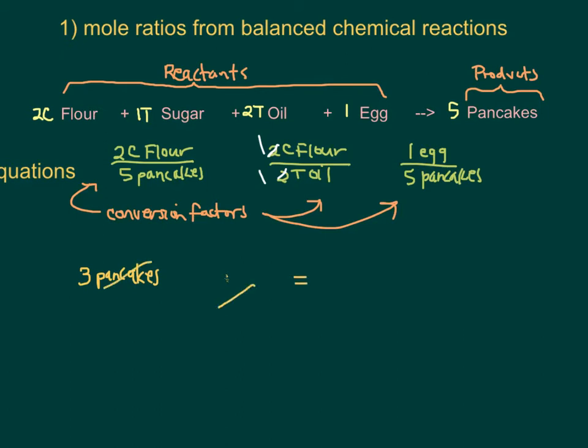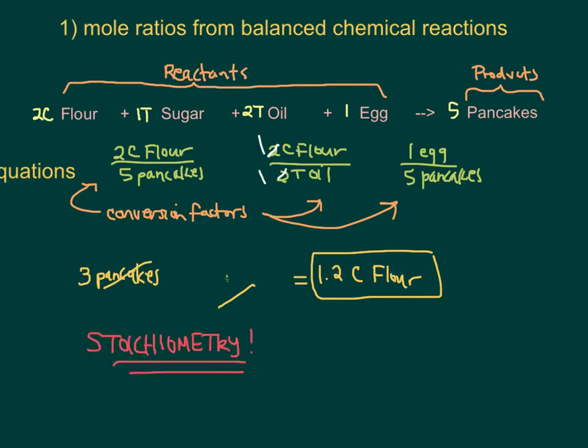You would be left with flour. You would be left with 1.2 cups of flour. If I only want to make 3 pancakes, instead of needing 2 cups of flour, I would need 1.2 cups. And I know this because I have quantities in front of my reactants, quantities in front of my products, and I can find out the ratios between the two so that I can adjust my recipe.